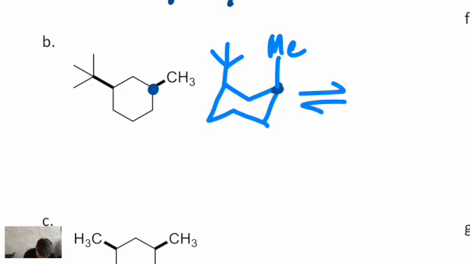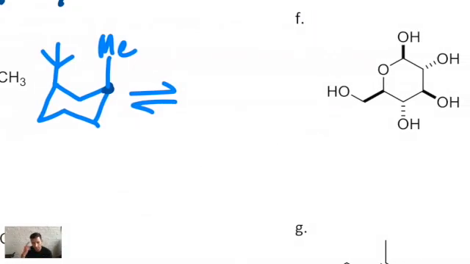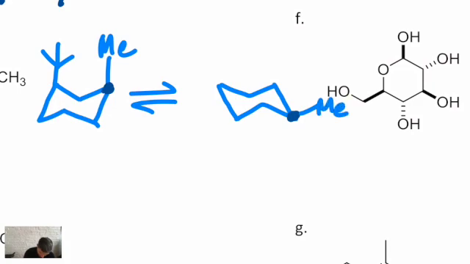So I'm about to draw the ring flip of this, and I already know it's going to be more stable because everything's going to end up becoming equatorial. Draw your chair slanted in the other direction. That carbon right there, I'm going to say becomes that carbon. And then my up axial methyl is now up and equatorial, which means that that carbon becomes that carbon.